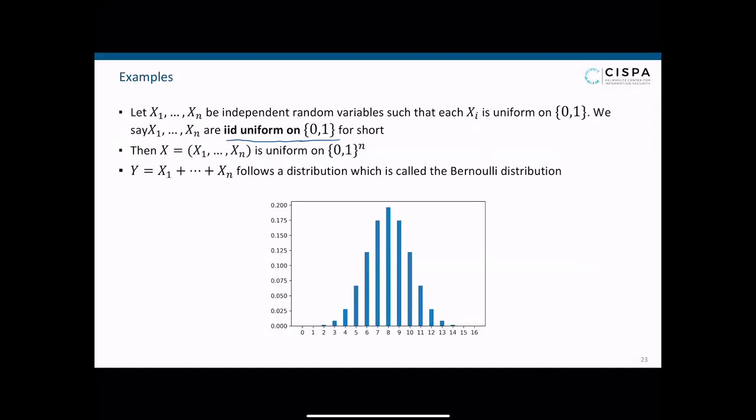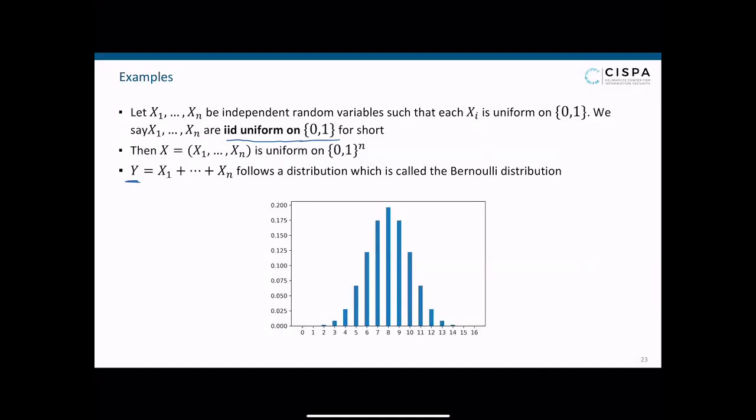Then the resulting distribution of y, which we obtain by this algorithm of taking the x1 to xn and adding them all up, is a deterministic function of the x1 to xn. This distribution is called the binomial distribution.